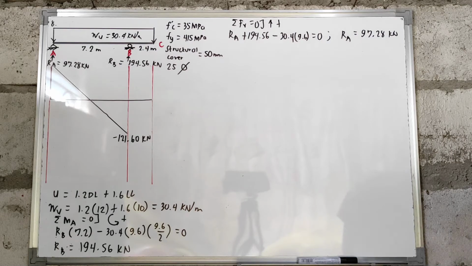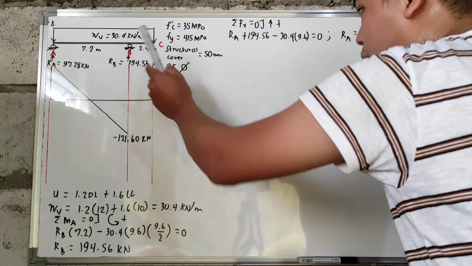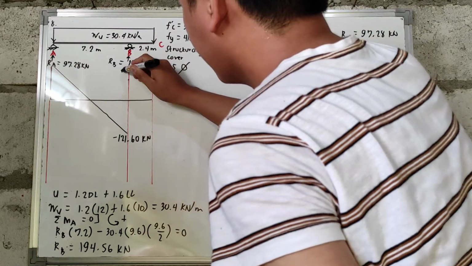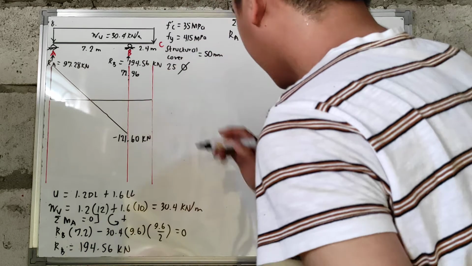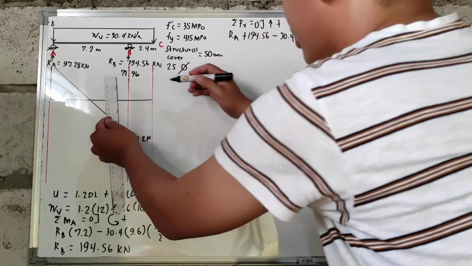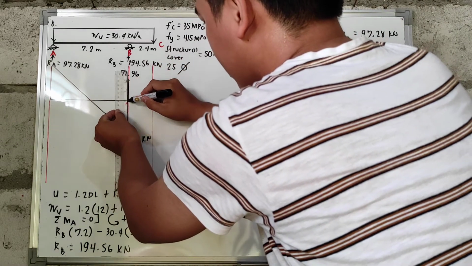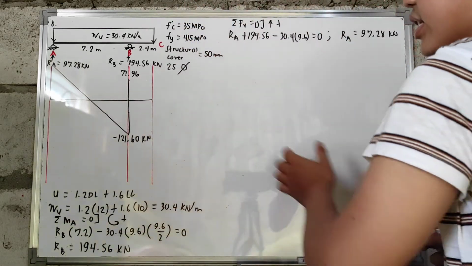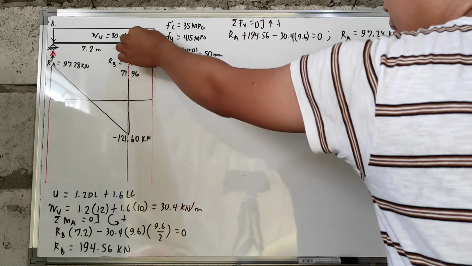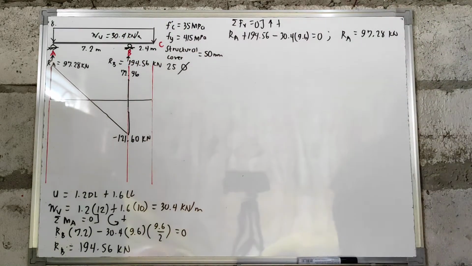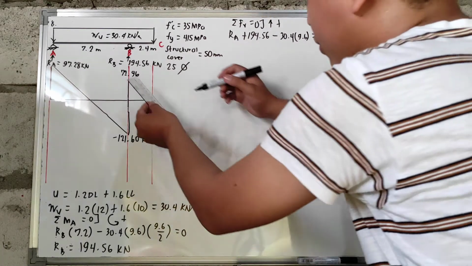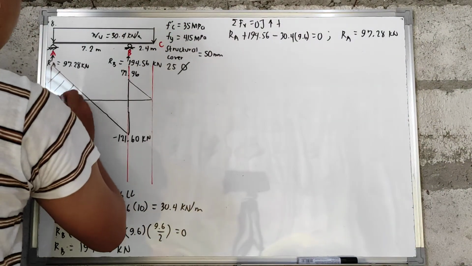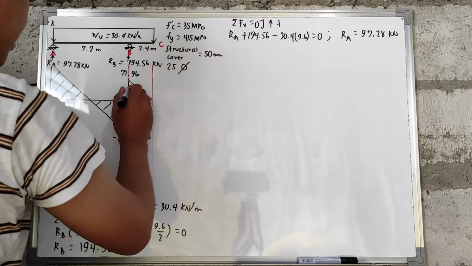So negative 121.60 plus 194.56, you will have a value of positive 72.96 kilonewton. So tataas ngayon tayo dyan. And next is 72.96 minus 30.4 multiplied by 2.4. So you will have a value of 0. So this will now become your shear diagram.